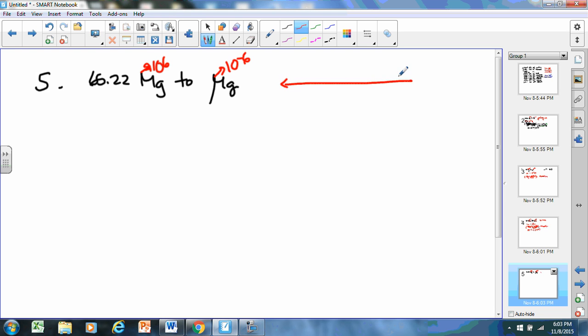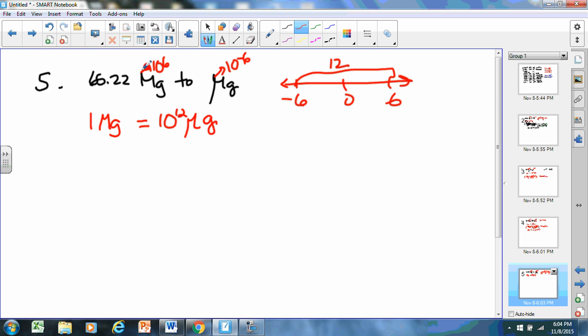How far is it on a number line from negative 6 to positive 6 with 0 in the middle? It's actually 12. And so one of these is 12 powers of 10 bigger than the other. 10 to the positive 6 is bigger than 10 to the negative 6. So 1 megagram is equal to a trillion micrograms.